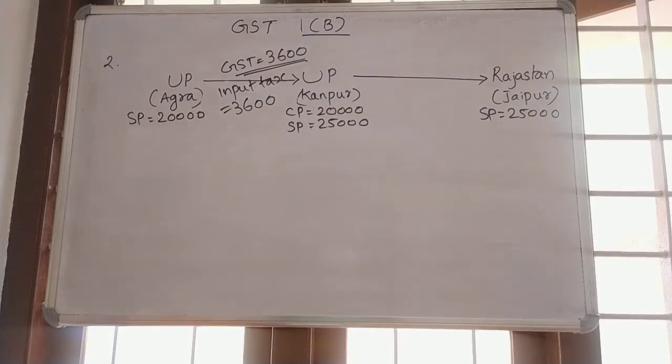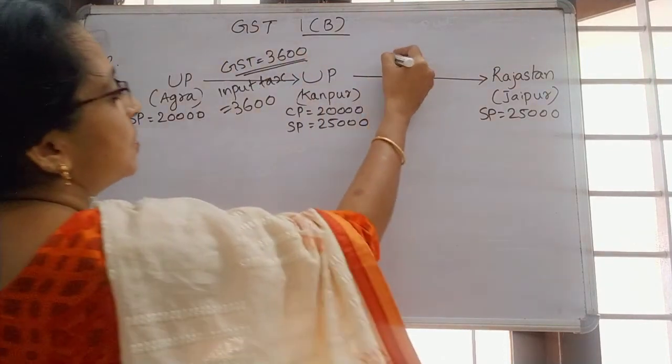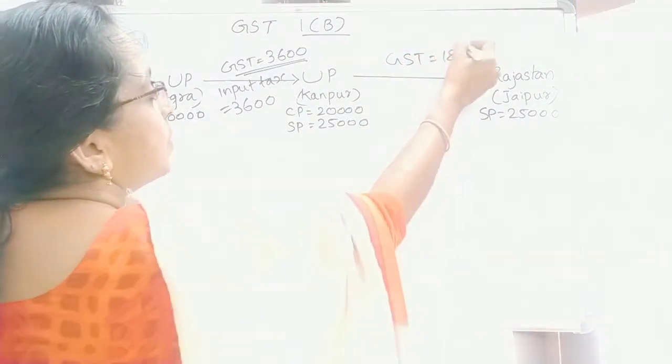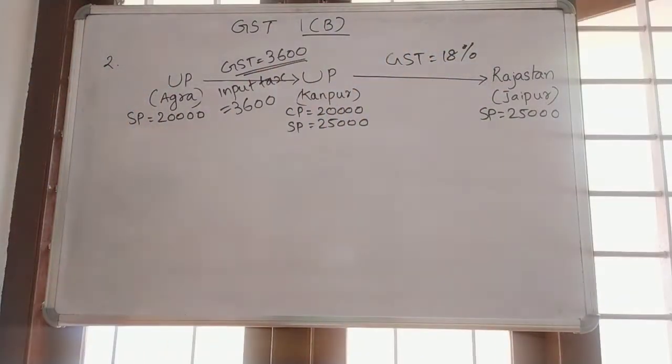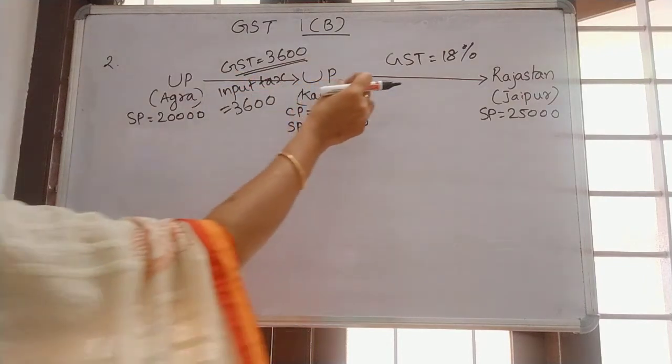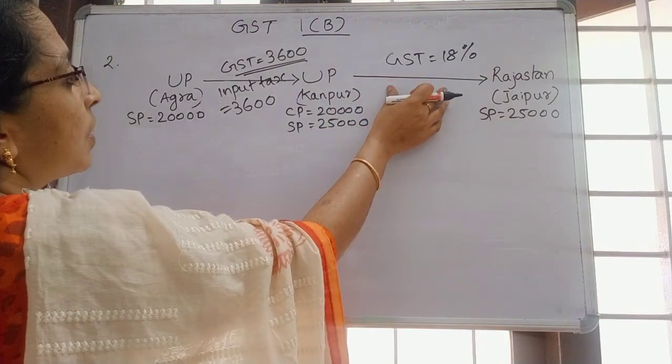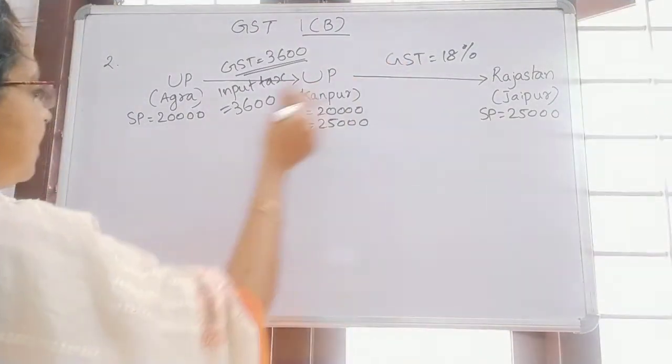The next transaction is from UP to Rajasthan. It is an interstate transaction. The GST is given as 18%. So how can we find IGST? Since it is an interstate transaction, there will be IGST only.